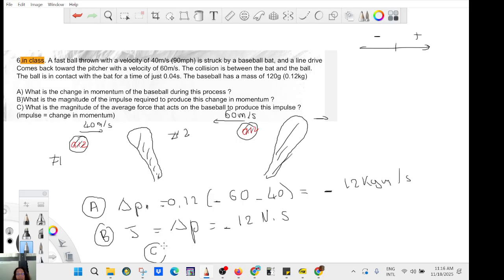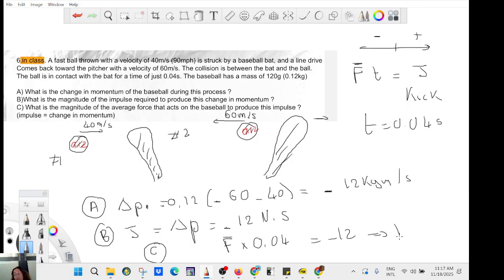Number C, what will be the average force, right? Can you do that? So average force times the time of impact equals the impulse, which is the kick. And you have the time. Is that correct? The average force.